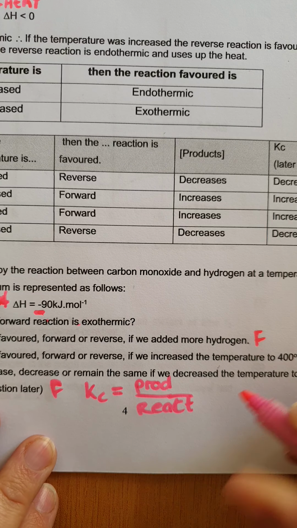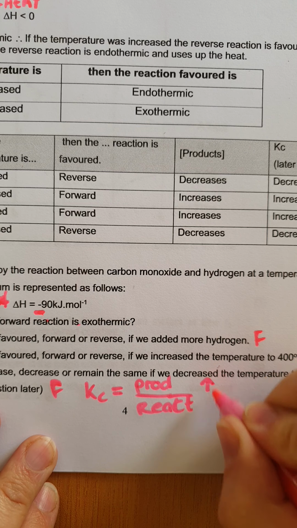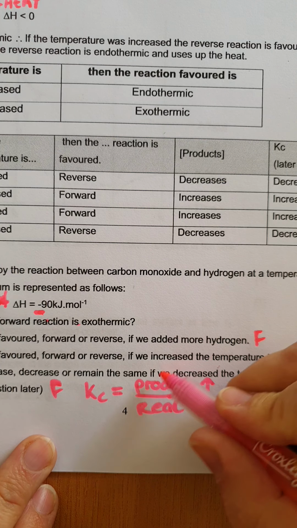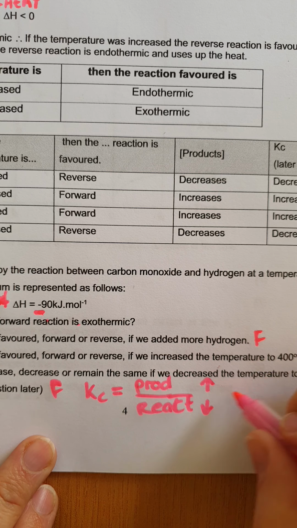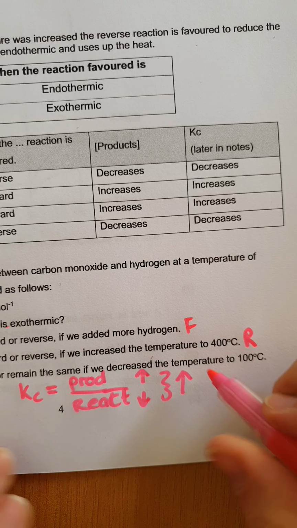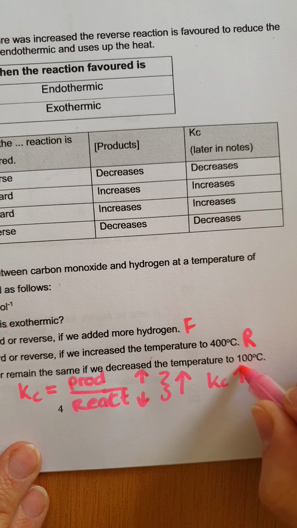The forward reaction is favored, which means our products increase and our reactants decrease. So we know that in a fraction, if we have a big number on the top, our whole value will increase, and that decreases as well. So the Kc will increase.